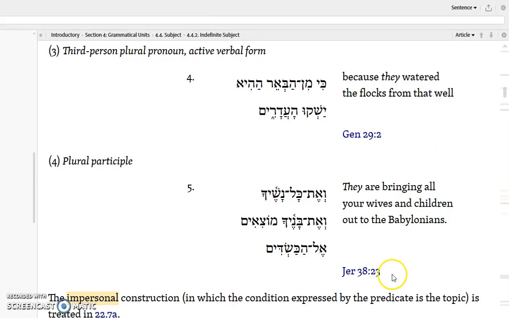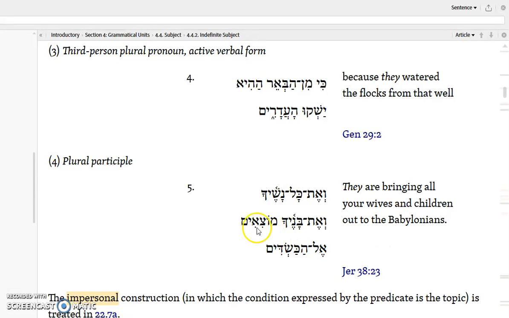Same thing with Jeremiah 38:23. Ve'et kol nasheka ve'et baneka. The direct object marker comes first: all your wives and all your sons, and then you get a participle, hiphil participle, motzi'im el ha-kasdim.